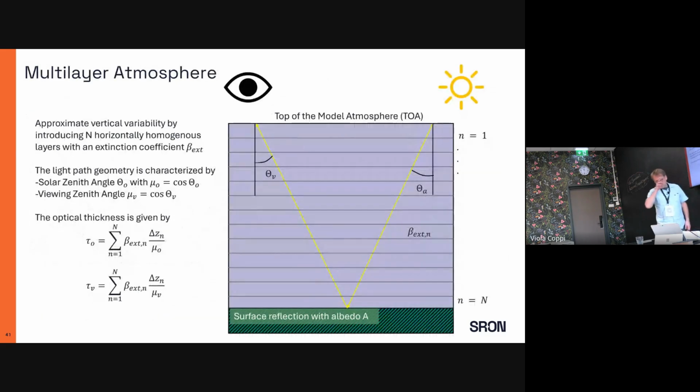So if you now want to understand more about how we apply that in the atmosphere, typically a model is like this. We have a sum, and we divide the atmosphere into layers. We specify the optical property per layer, the extinction coefficient. We calculate the optical thickness along that line of sight. Then we can calculate how much light is at the ground. We can do that on the computer. Now we have to assume how much light is reflected at the ground. That is the so-called Lambertian albedo.